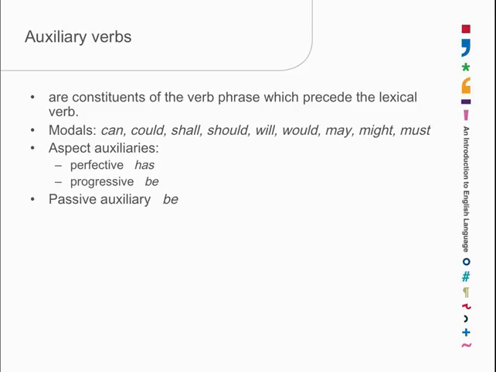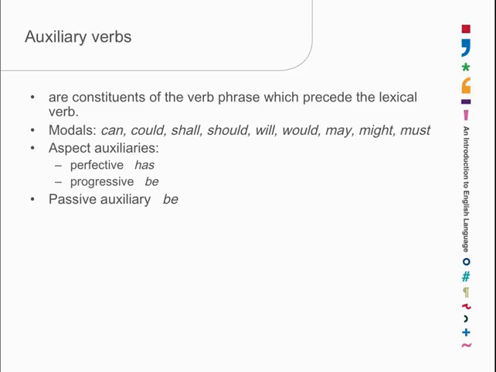On top of that, there is another auxiliary with which we'll have more to do later, the passive auxiliary. The passive auxiliary basically says that the person doing whatever it is no longer in front of the verb. So, John was cooking breakfast. The breakfast was being cooked by John.